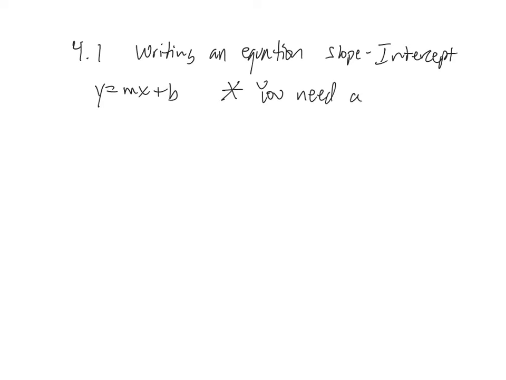You need a point and you need the slope of the line. If I have a point and I have the slope of a line, I can write the equation of that line.